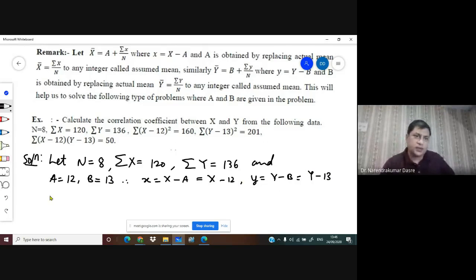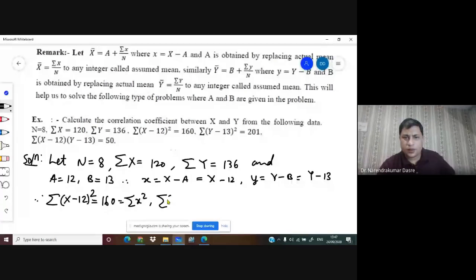And hence what is given to you? It's given summation of capital X minus 12, bracket square, is equal to 160. So it is actually summation small x square. Then we have summation of capital Y minus 13 square is equal to 201. So this is actually summation small y square.